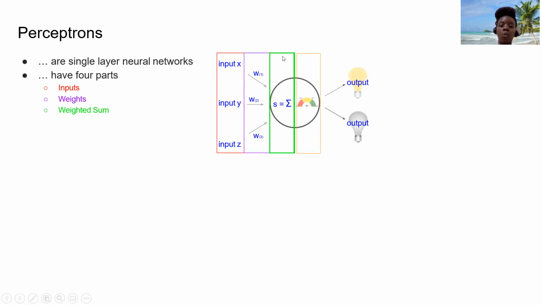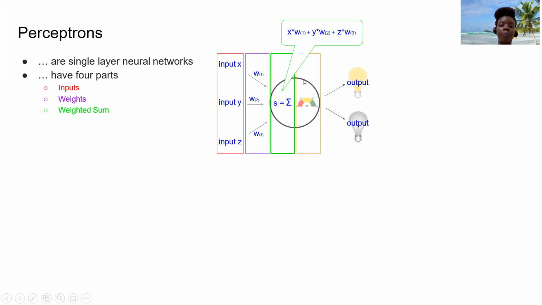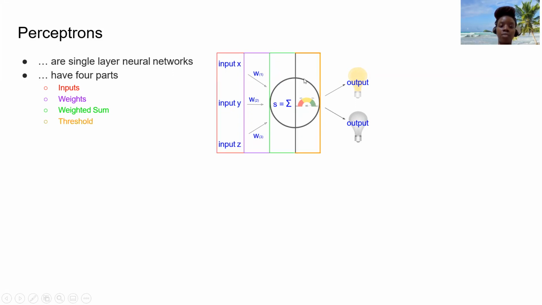Then we have the weighted sum, which is a summation of the input and the weight. And then we have a threshold, which the perceptron uses to either fire an output or not. This threshold is what we call an activation function, in deep learning lingo.